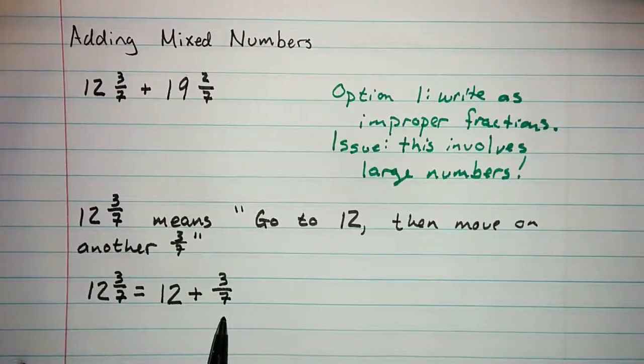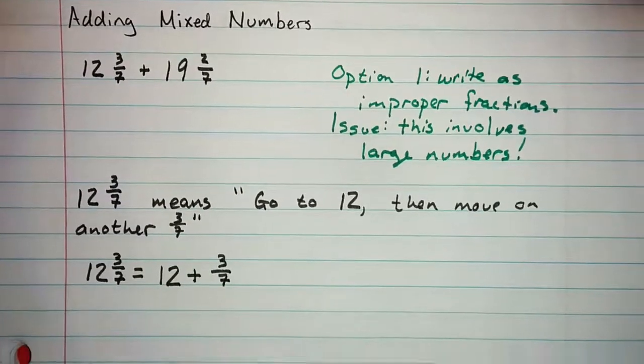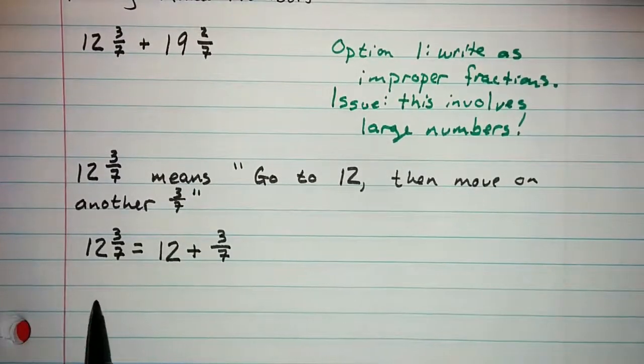What's good about this? This lets us make the same kind of expanded form move that we made to get our algorithm for adding whole numbers.